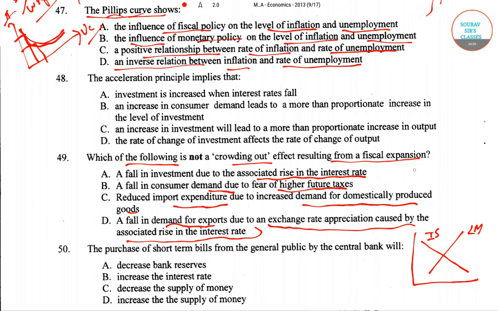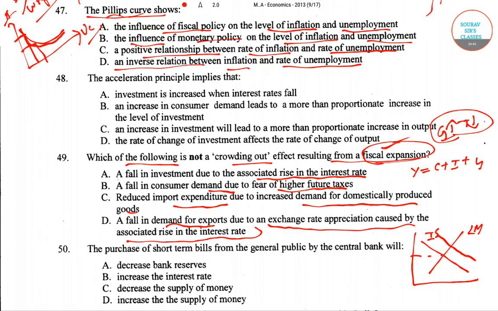Now the IS curve is basically Y equals C plus I plus G. Fiscal expansion is either an increase in government expenditure or a decrease in tax. We call it fiscal expansion or expansionary fiscal policy. So when expansionary fiscal policy takes place, the IS curve goes to the right-hand side.